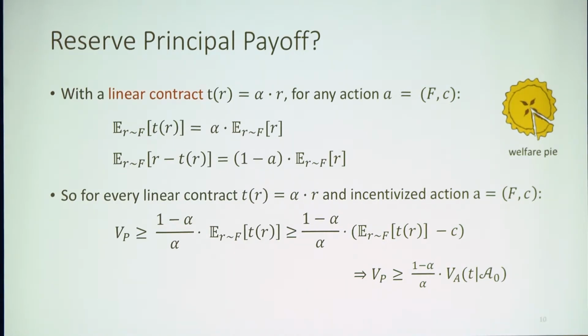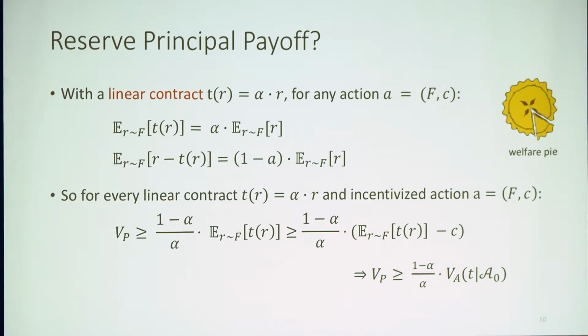Okay, now this will allow us to derive a lower bound on the value that the principal can achieve, right? So what's the value that the principal can achieve? It's this expectation of R minus T of R, right? So this thing here is 1 minus alpha times the expectation of R, and this we can express in terms of T of R by just dividing, or bringing the alpha to the side. So this gives us 1 minus alpha divided by alpha times the payment.